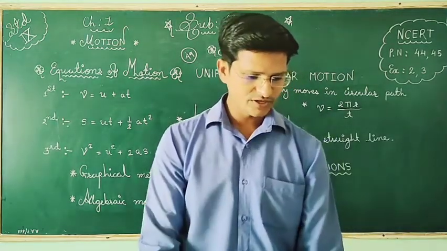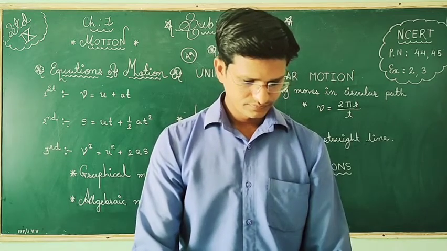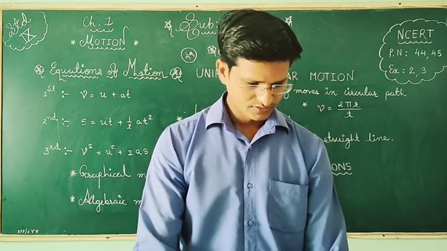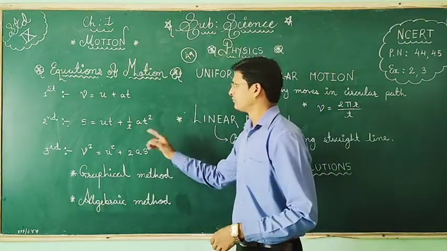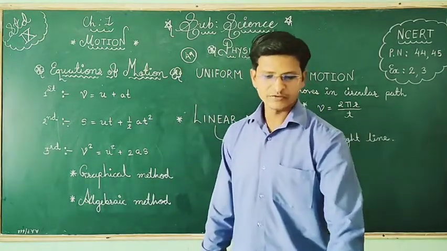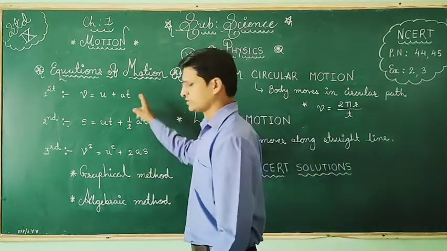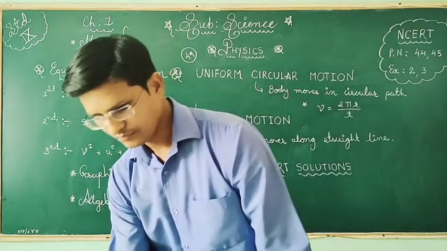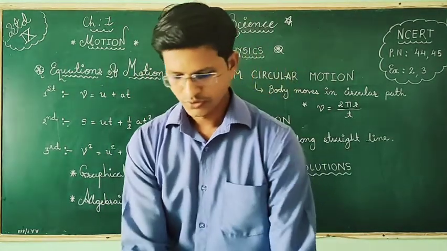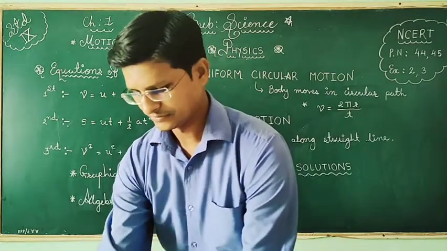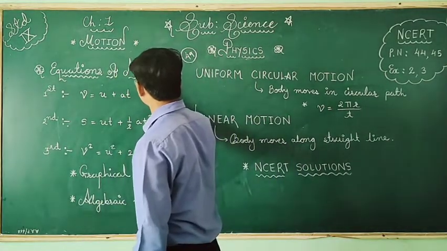If you see page number 40 on the graphical method, first by using the graphical method, we will get the first equation: v is equal to u plus at.